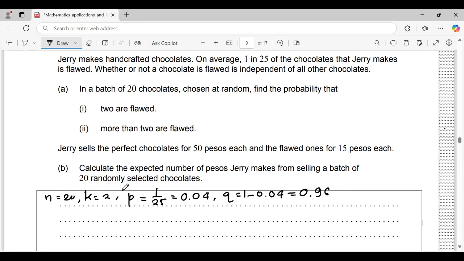We can use the binomial probability formula. It says that the probability of X equals k is n choose k, this is a combination, times p to the power k and q to the power n minus k.